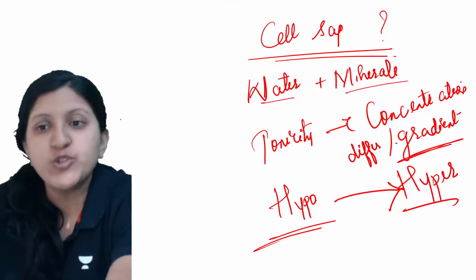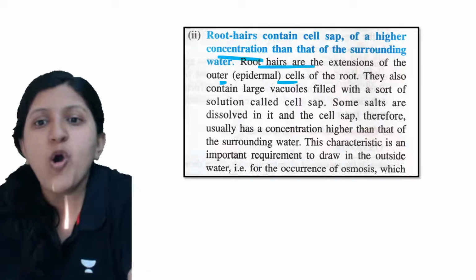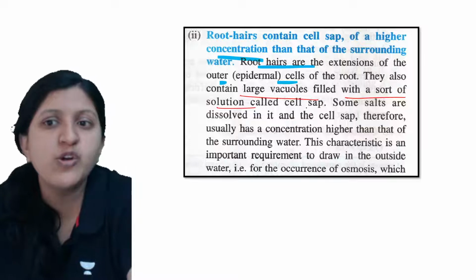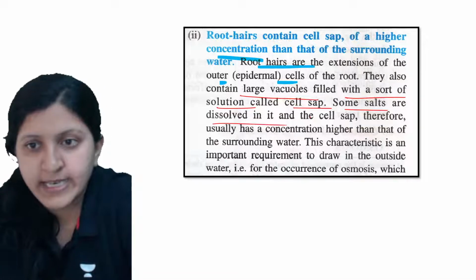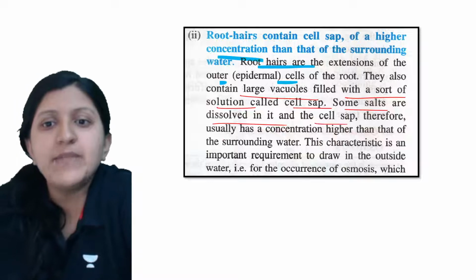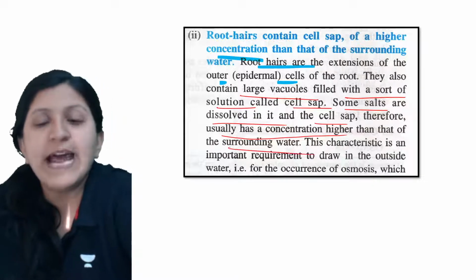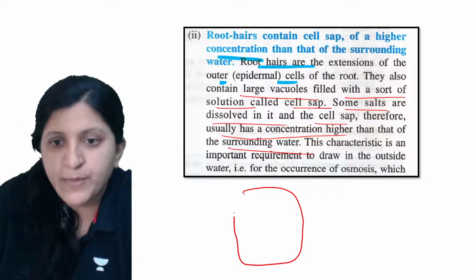With respect to hyper concentration, what exactly happens here? The cell also contains a large vacuole filled with a solution called cell sap. Some salts are dissolved in it, and the cell sap therefore has a higher concentration than the surrounding water. Now this is the epidermal cell.